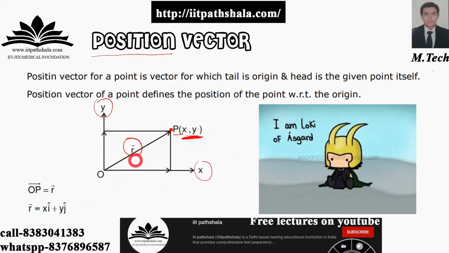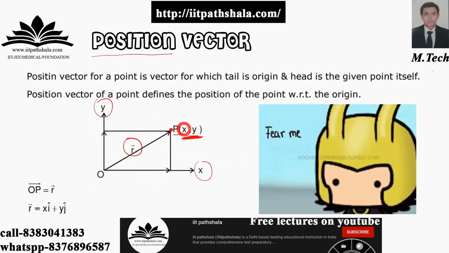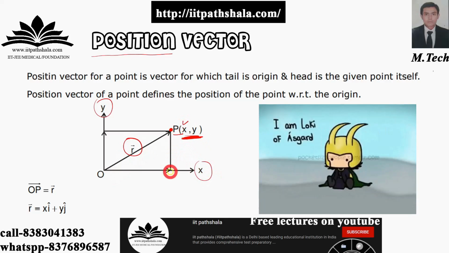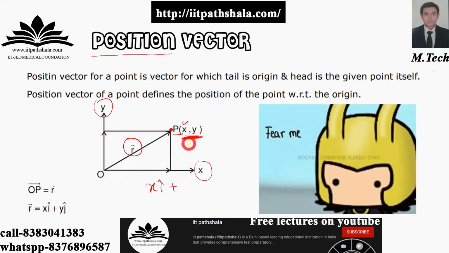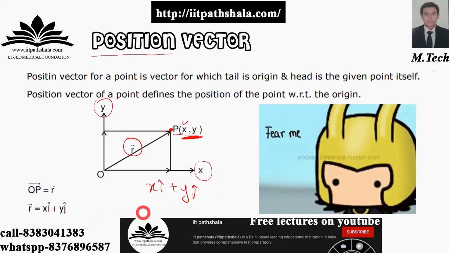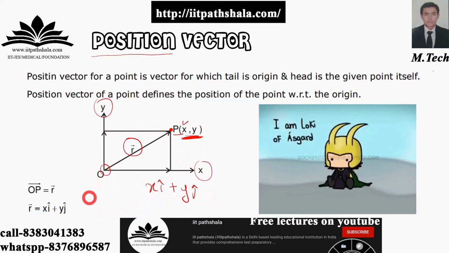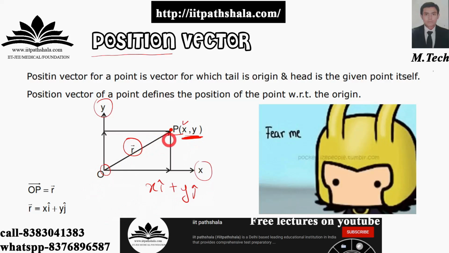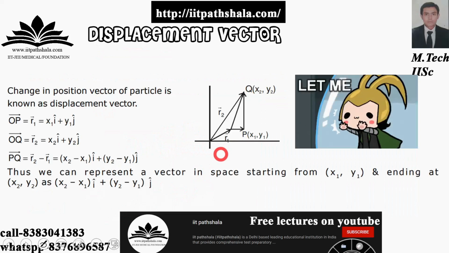That r vector will be equal to x I cap, because it's in x direction, it is at x, so x I cap plus y j cap, and in the y direction it is at y position itself. Fine with that. This is the position vector. Tail will be at the origin and head will be at the point itself. That's the position vector for you.